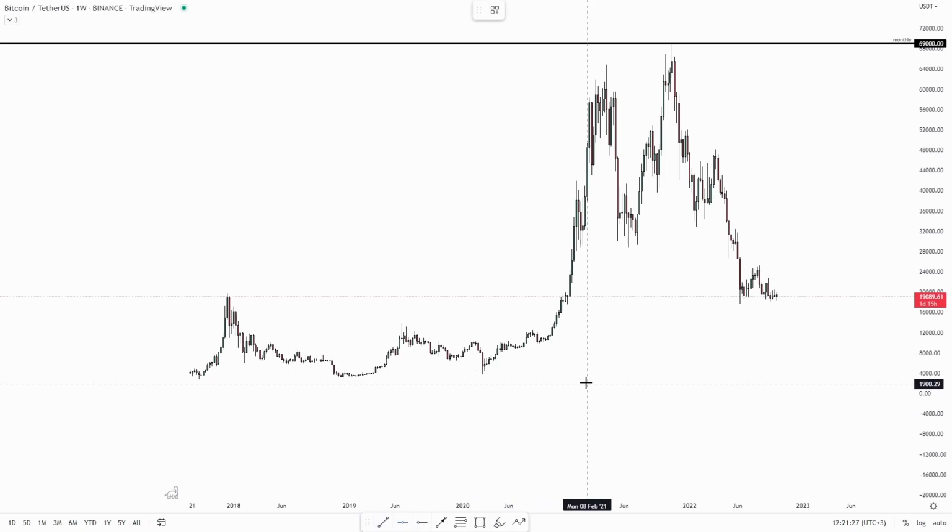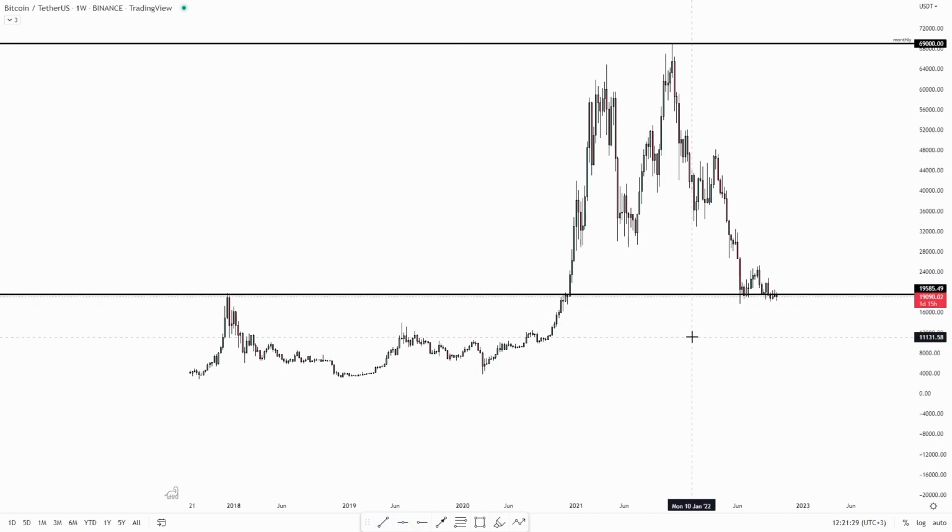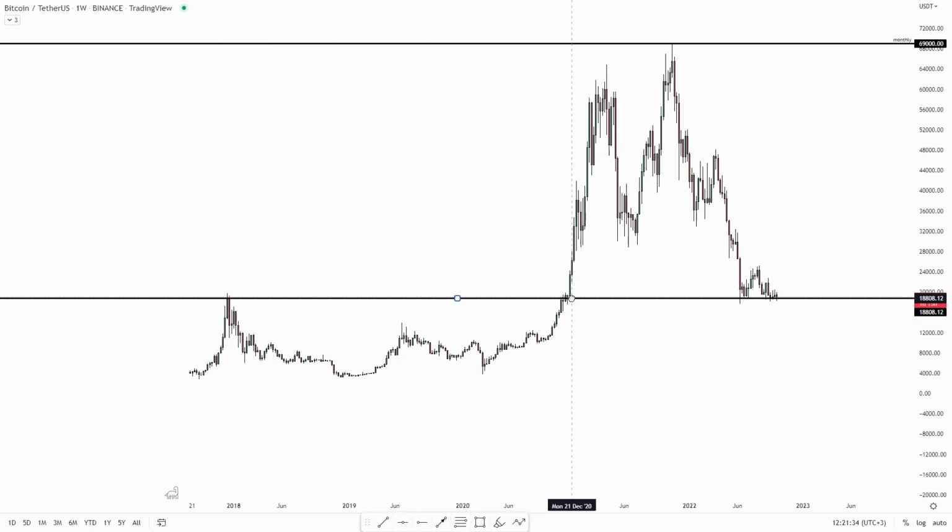Another level is gonna be here on this high over here. And if we adjust it a little bit, you can see that we have touching this monthly level here again.